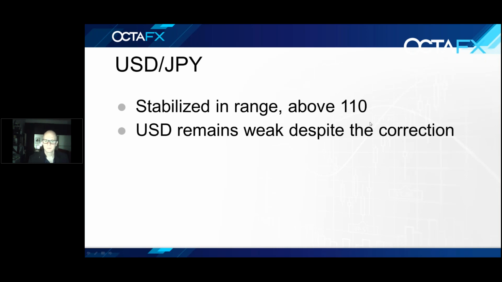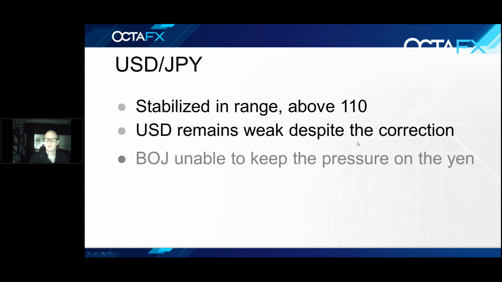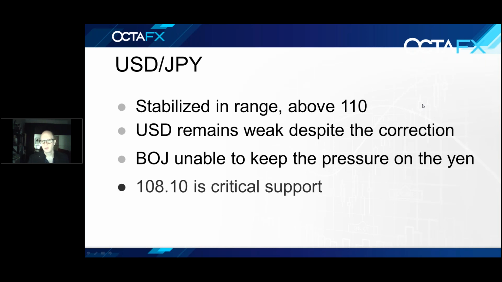Okay, the Bank of Japan seems unable to keep the pressure on the yen. Of course, they want a weaker yen, but with the weakness of the US dollar, again, we had a correction, but I don't see it as lasting that long. And with the North Korean tensions, they seem a bit helpless. Okay, 108.10, still far away from current levels, is critical support.